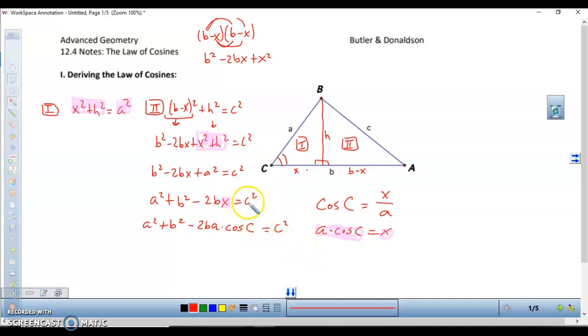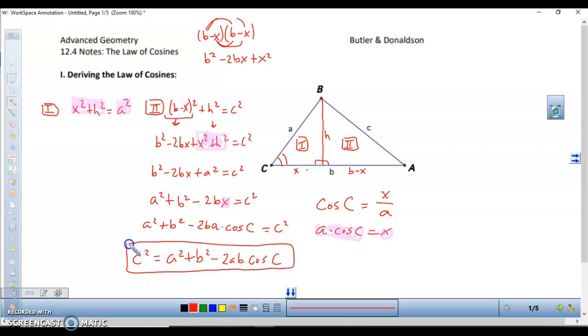All right, and I forgot it was equal to c squared. So the form of the law of cosines looks like this: c squared equals a squared plus b squared minus, and I'm going to rearrange the a and the b by using the commutative property, 2ab times the cosine of C. That, my friends, is the derivation of the law of cosines.